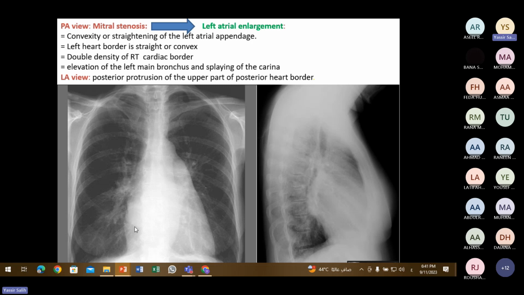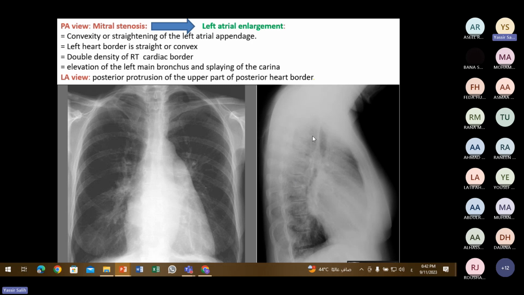Normally we would have one wall, the right cardiac border, formed by the right atrium, but due to enlargement of the left atrium there is a double wall and elevation of the left main bronchus. This is the left main bronchus, with splaying of the carina because the angle is wider.